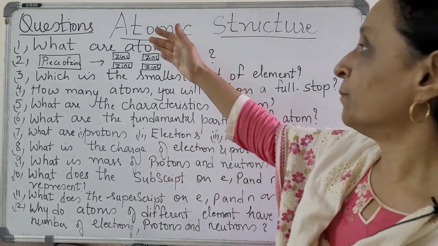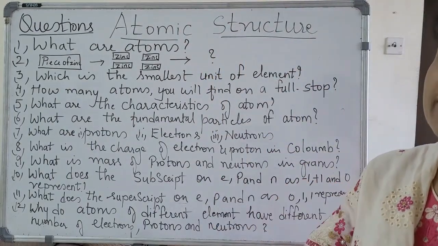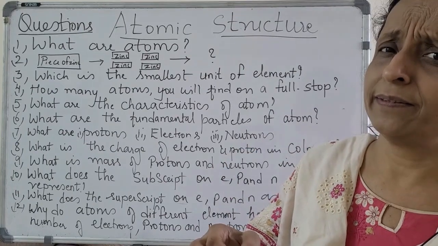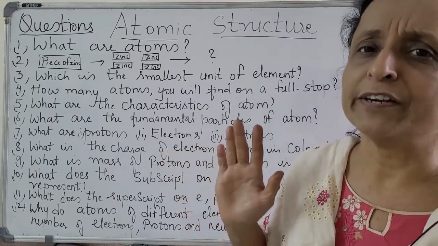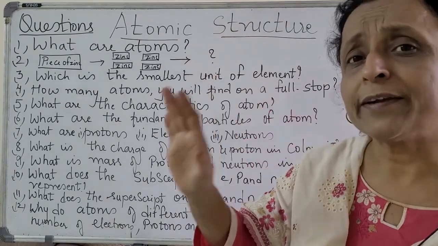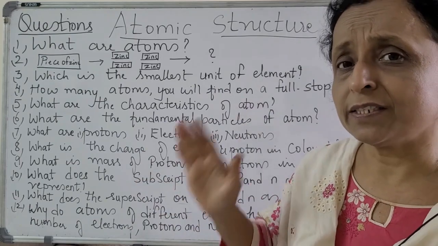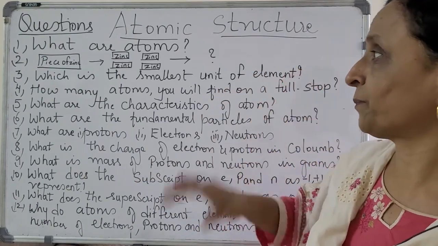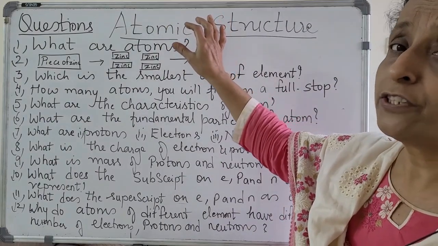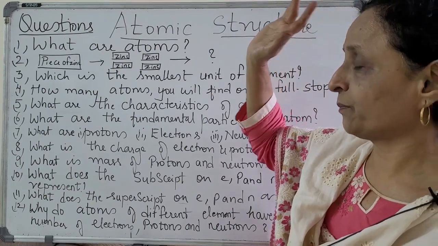So, now, what are atoms? Atom is the smallest unit of any matter which cannot be divided further. So, this is what atom is. It is the smallest invisible, indivisible particle of an element which may have independent existence or may not, but takes part in chemical reaction.